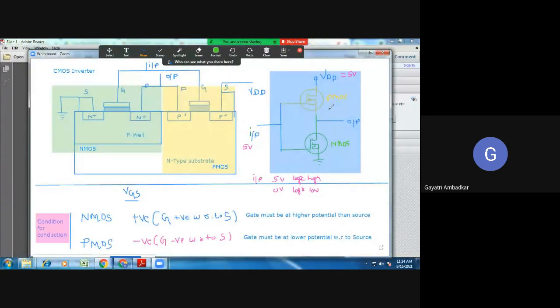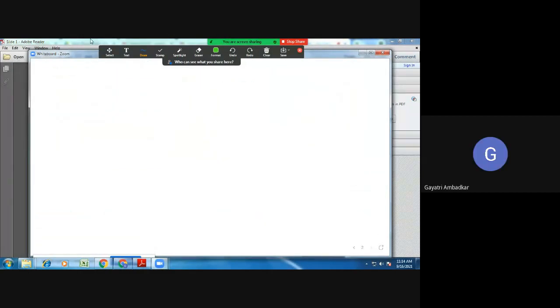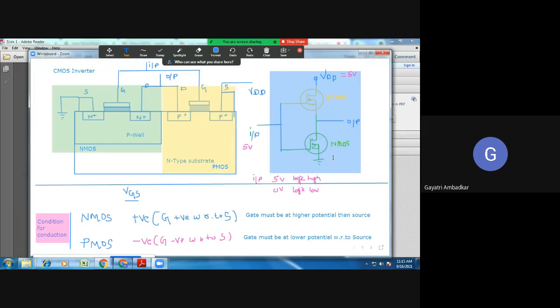Understood? Very good. So in case 1, NMOS is on and PMOS is off, because gate is at higher potential as compared to source for NMOS, and for PMOS the source and the gate are both at the same potential.